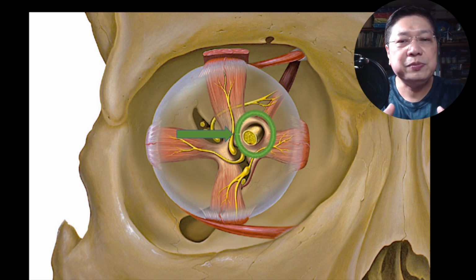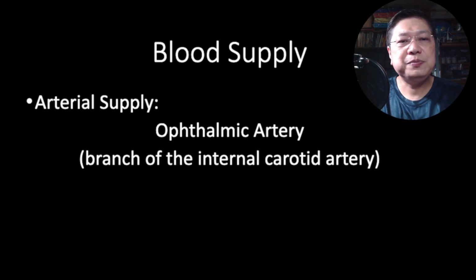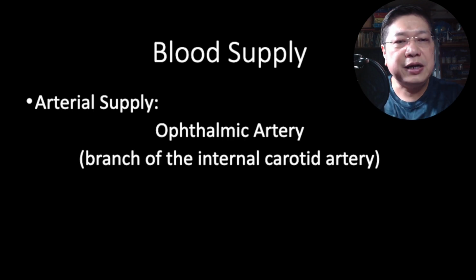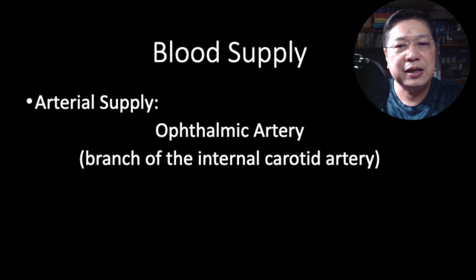And this nerve does not regenerate because it's practically part of your central nervous system. So it's not one of those peripheral nerves that may theoretically regenerate, but as part of the CNS, this does not regenerate. And the blood supply of that area is the ophthalmic artery.